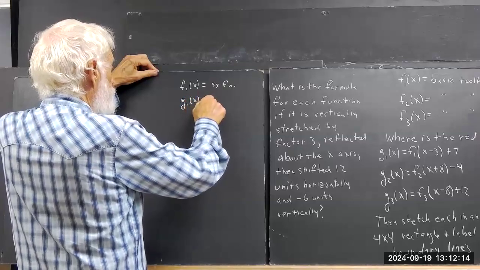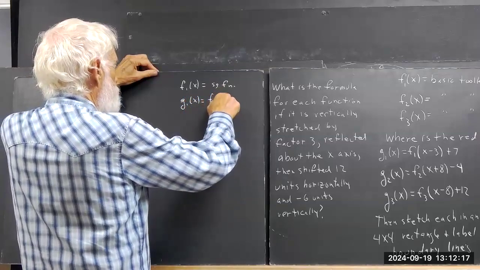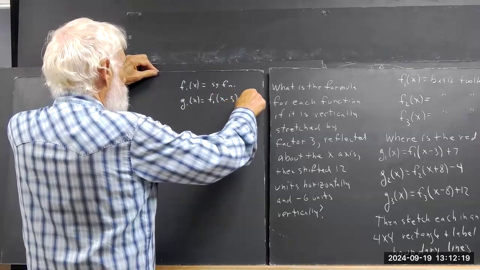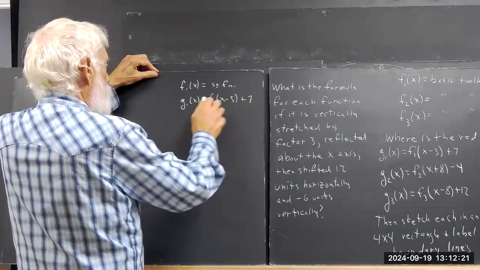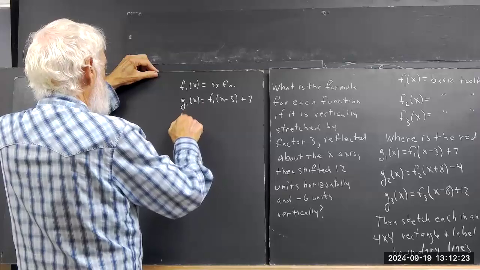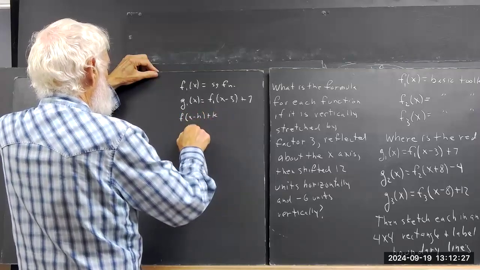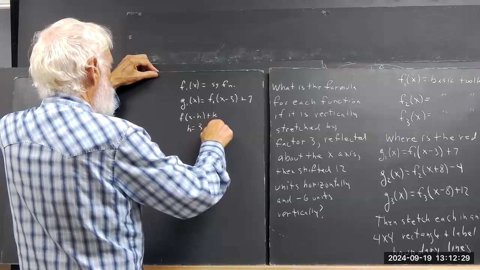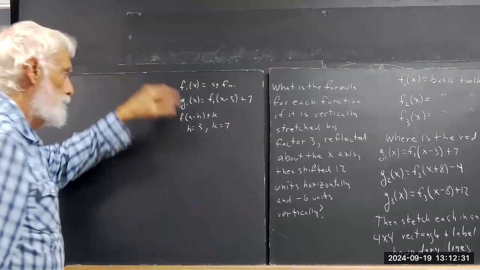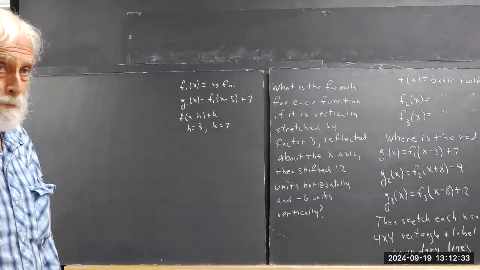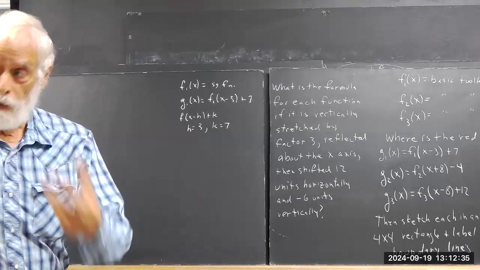F of X is F1 of X minus 3 plus 7. That corresponds to H equals 3, K equals 7. Now, if you thought H was -3, you're going to have to fix that.